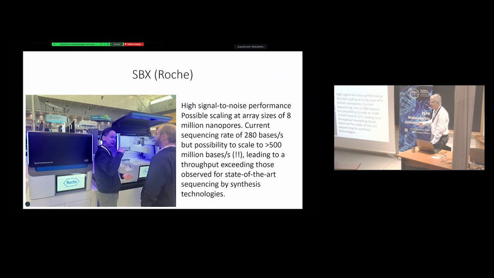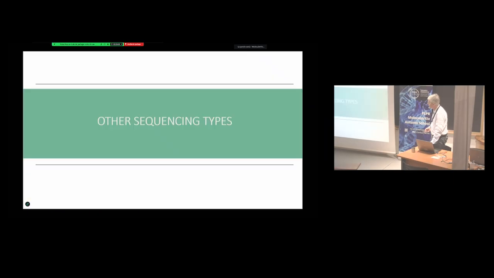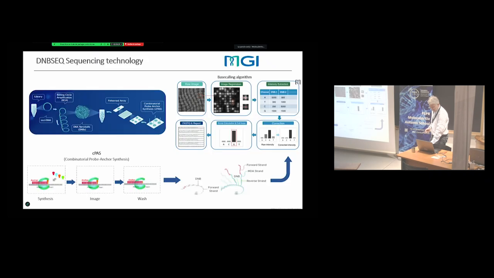It has been presented in a congress, the Congress of the American Society of Human Genetics, and so I think that it will be probably available in the next years with, I think, a cost of above 1 million euros per instrument.